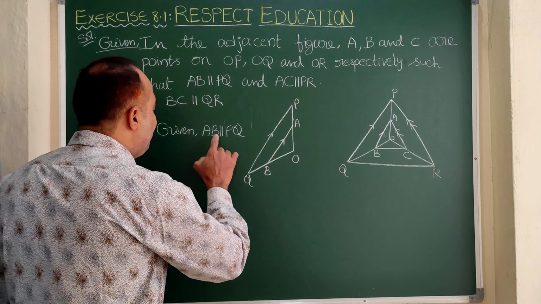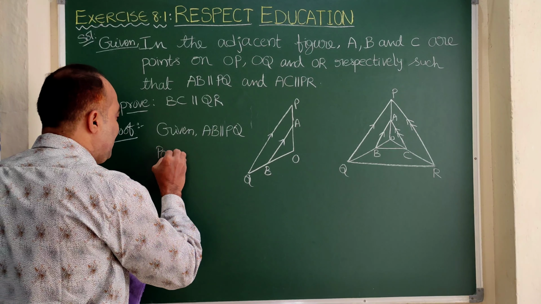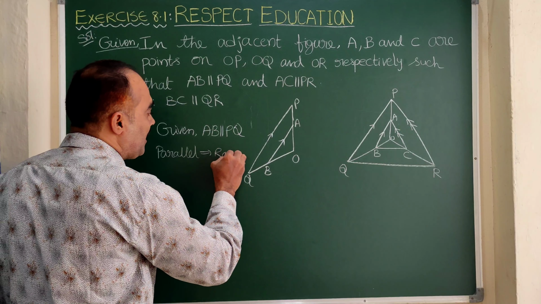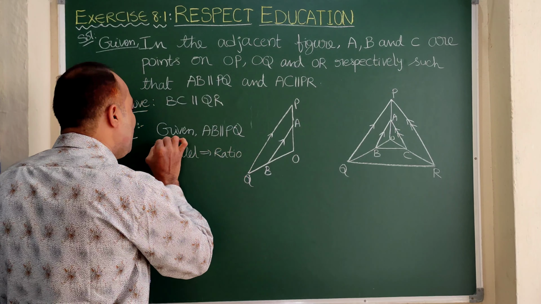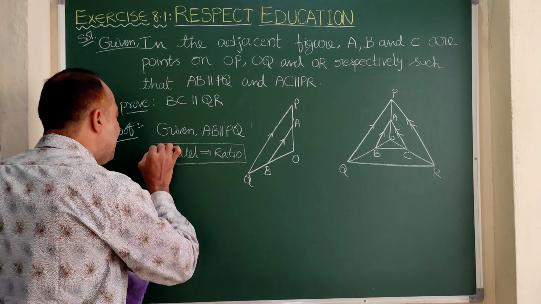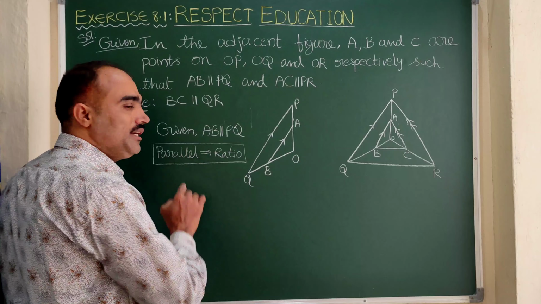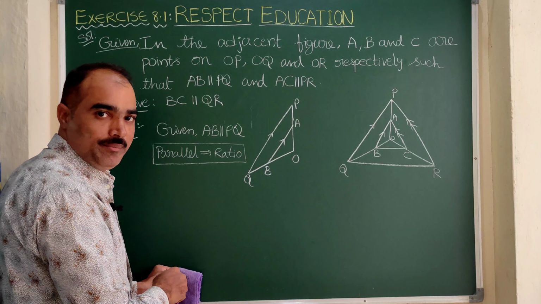Now, when parallel condition is given, we need to understand that we need to write the equal ratios. So keep it in mind so that we can move the problem forward. Parallel to ratio, it is BPT theorem.